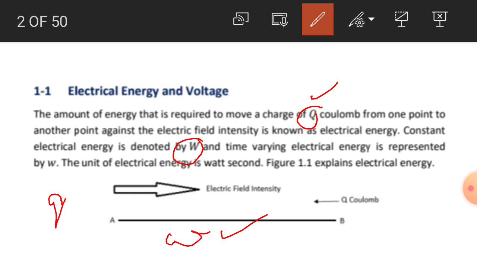If we have the electrical power, we know that the electrical power is represented by P. So the constant power will be represented by capital P, and the time varying power will be represented by small p. So all the time varying quantities will be represented by small letters, and all the time constant electrical quantities in this course will be represented by capital letters.